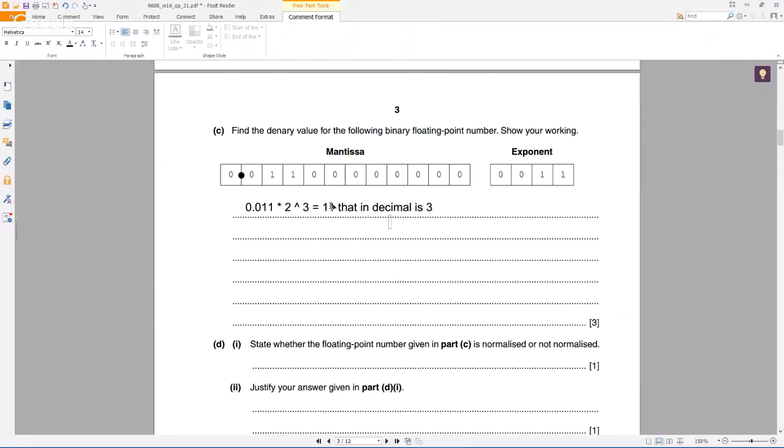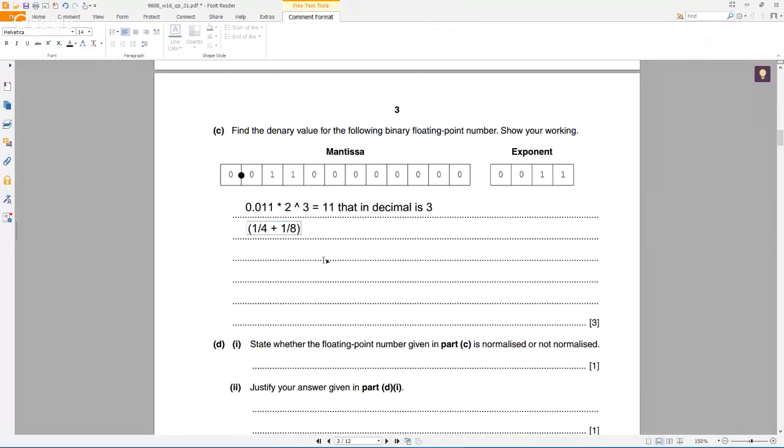So another possible approach is to actually take the value of each of these ones. For example, in the mantissa we have a 1 in the second position in the fractional part that corresponds to 1/4, and then we have another one immediately after that corresponds to 1/8.